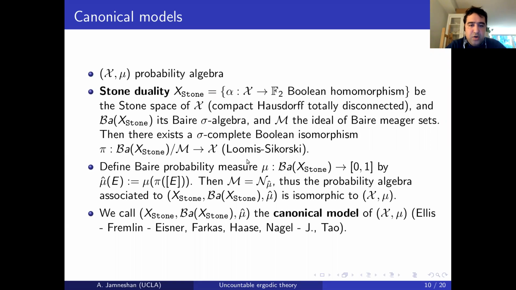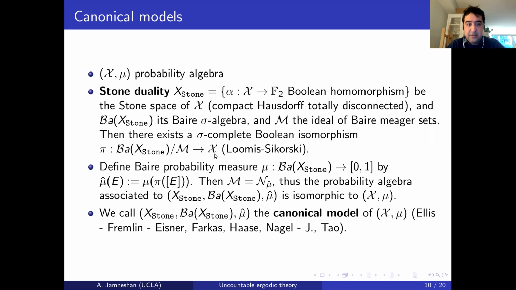What one can show first of all is that the simple Stone duality would say that this underlying Boolean algebra is isomorphic to all clopen subsets of the Stone space, but this isomorphism only respects finite joins and unions. In order to have also a sigma-complete Boolean isomorphism, one has to quotient out those meager sets.